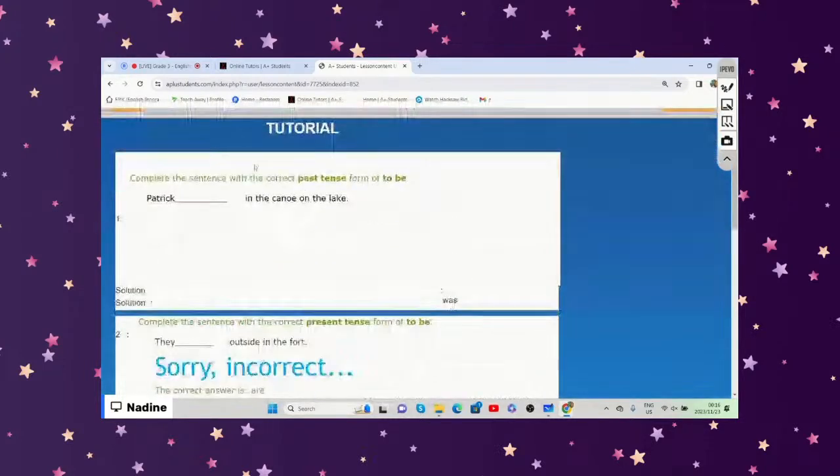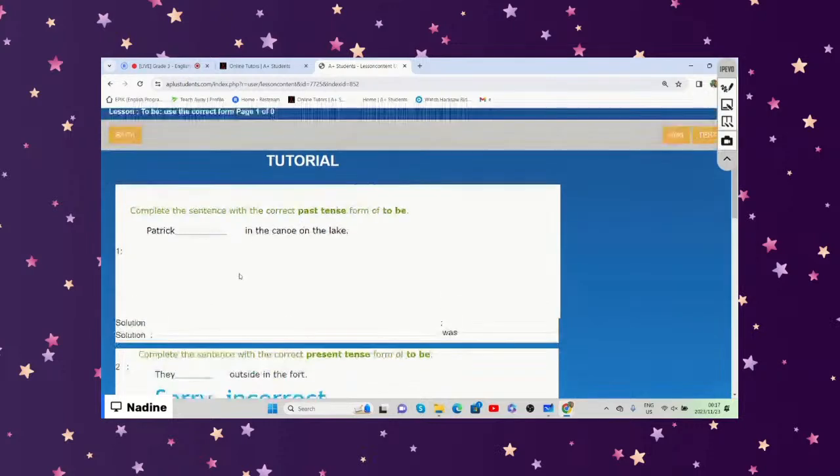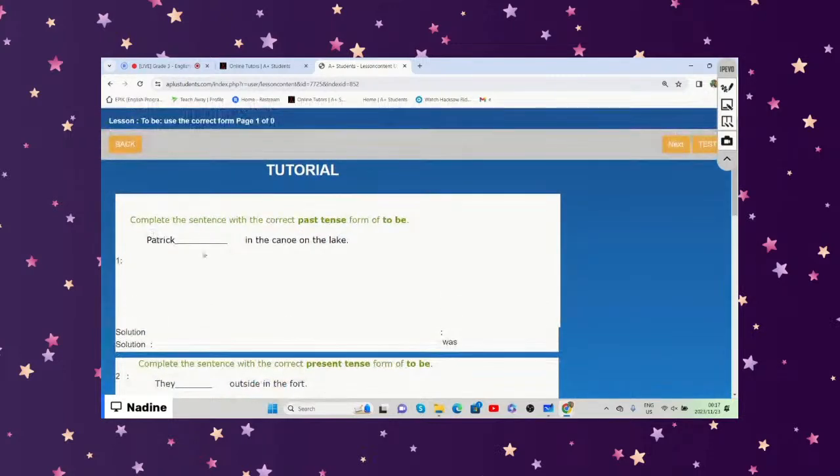So now we complete the sentence with the correct past tense form of to be, right? So complete the sentence with the correct past tense form of to be. So if we look at the sentence, it says Patrick in the canoe on the lake.